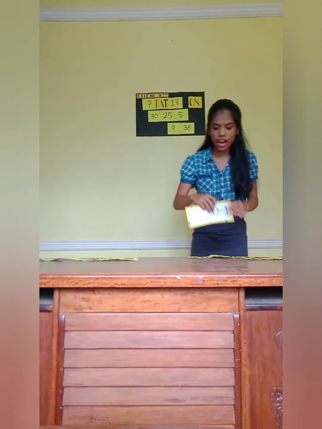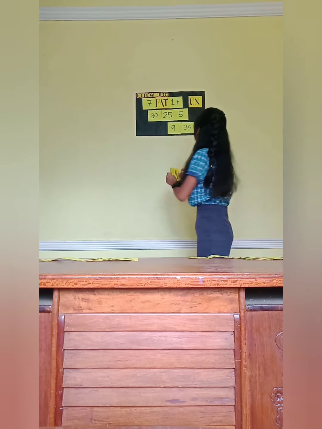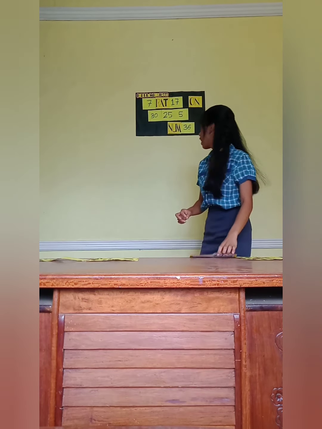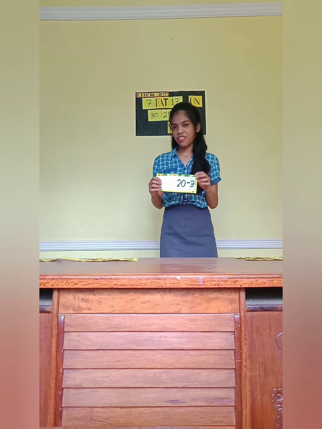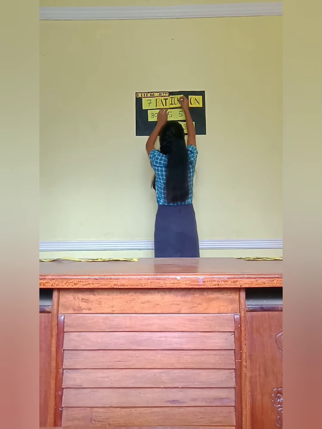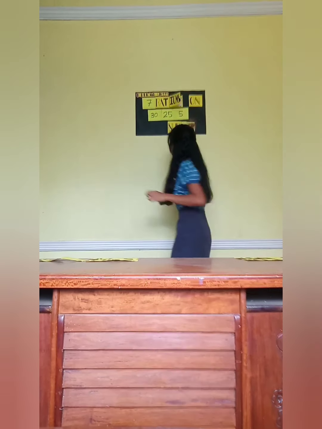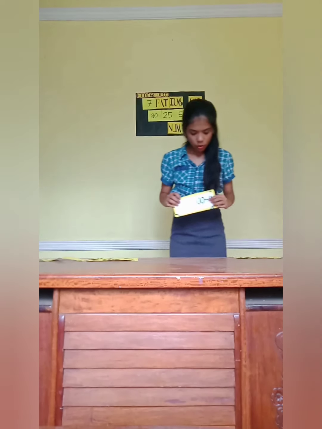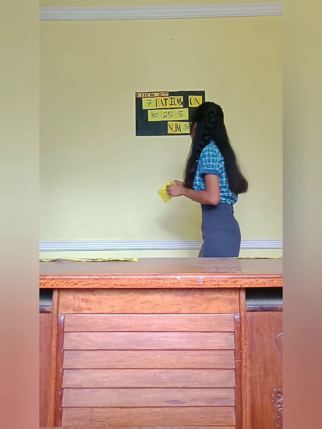Next, we have 10 less 1 is equal to 9. Very good. Next, 20 less 3 is equal to 17. Next, 100 divided by 4 is equal to 25.